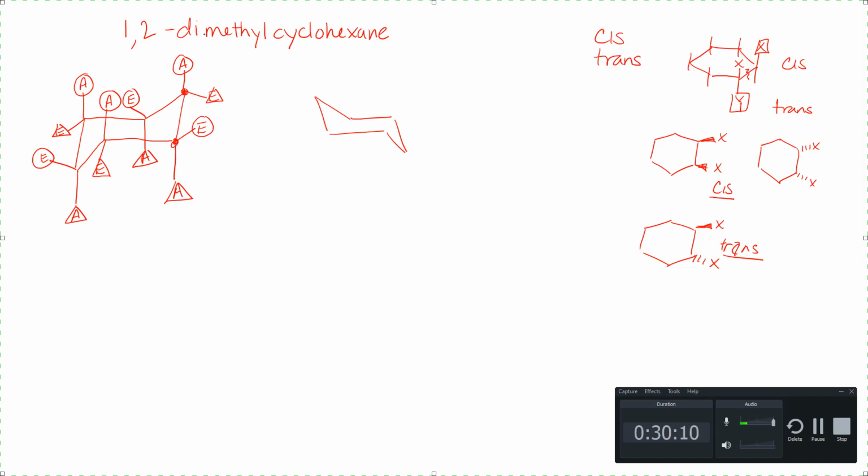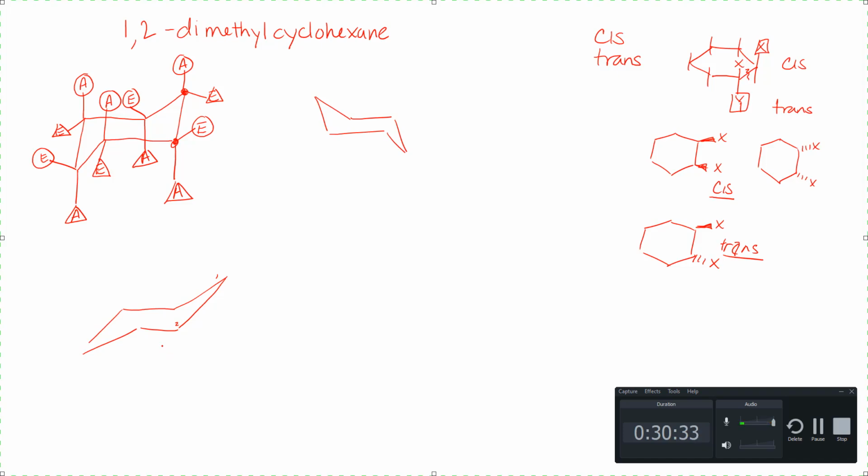Now what I'm asking you to do here is let's draw out conformations of the 1,2-dimethyl cyclohexane. So I'm going to draw my chair, and I'm going to choose two carbons as number 1 and number 2. I usually choose this upper right hand one to be number 1, and then I choose this one to be number 2. That's just how I do it.